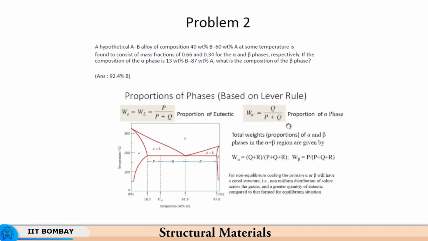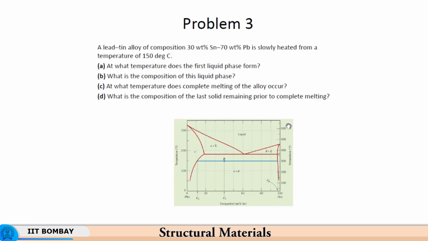Now we come to problem 3. A lead-tin alloy of composition 30% tin and 70% lead is slowly heated from a temperature of 150 degrees centigrade. At what temperature does the first liquid phase form?